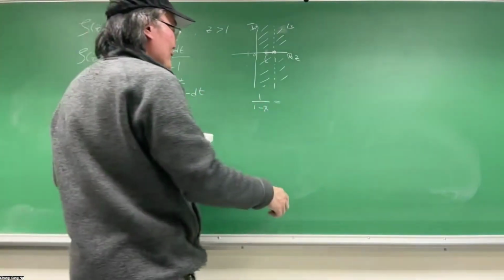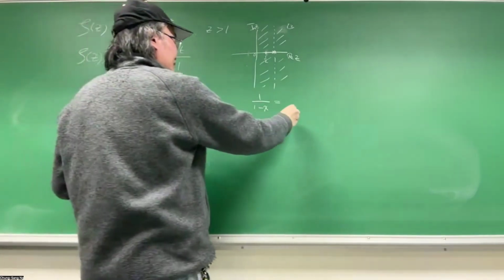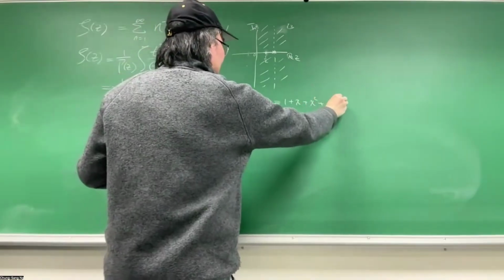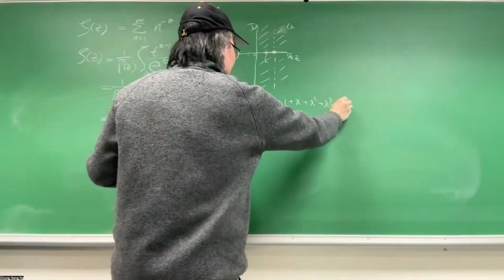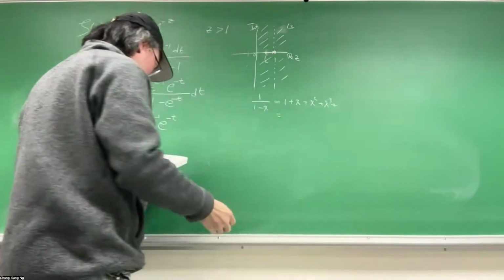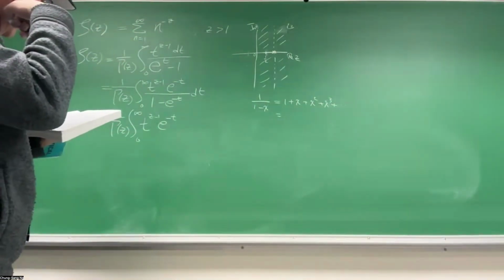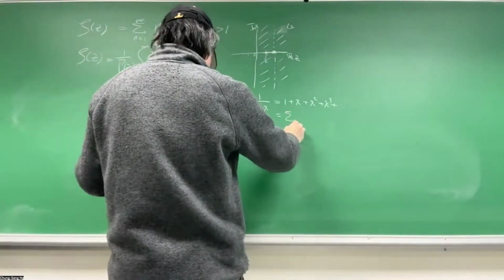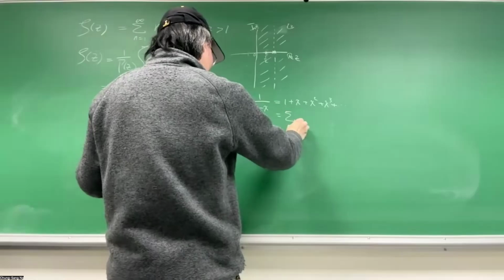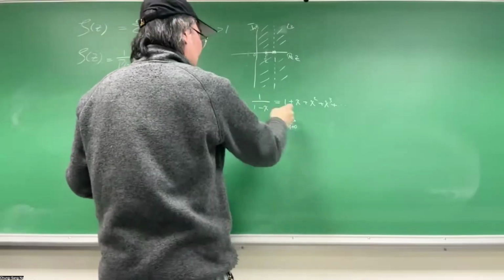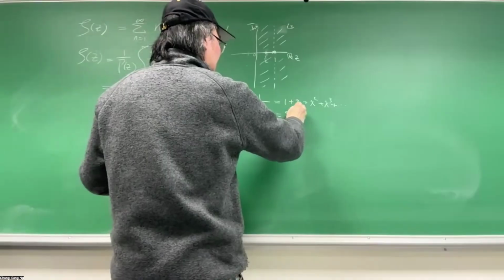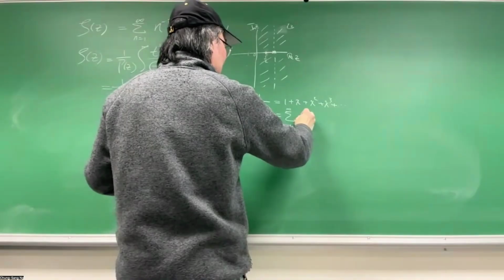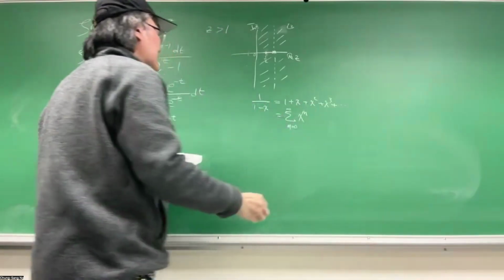The expansion is 1 plus x plus x squared plus x cubed, all the factors. We write a summation that should start from 0, but I'm a little confused because your textbook starts from 1. Maybe that's because of this factor. We'll see. This should be x to the power m.